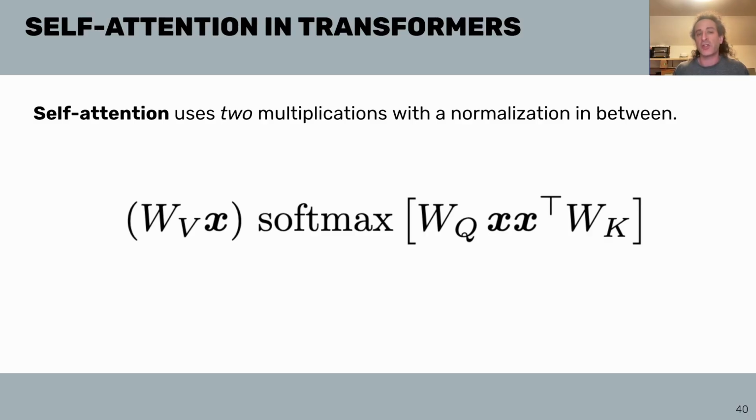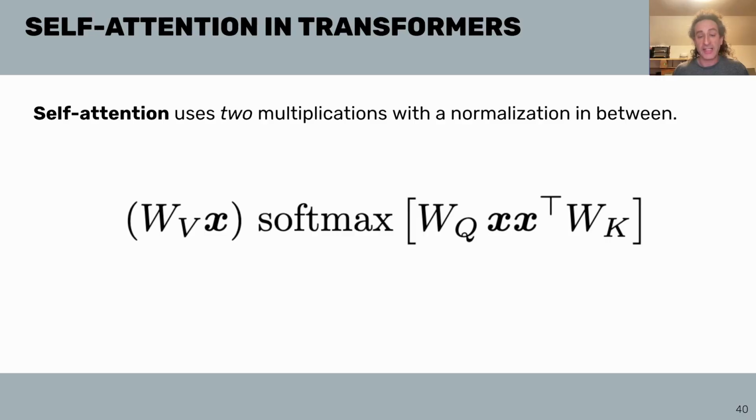Self-attention really is using two multiplications with a normalization in between them. It's often talked about as a query, key, and value, but I think it's helpful here to think of this as you see the XX transpose over here. That right there is a product of all the pairs of inputs that you might have, and there's some weighting associated with them.